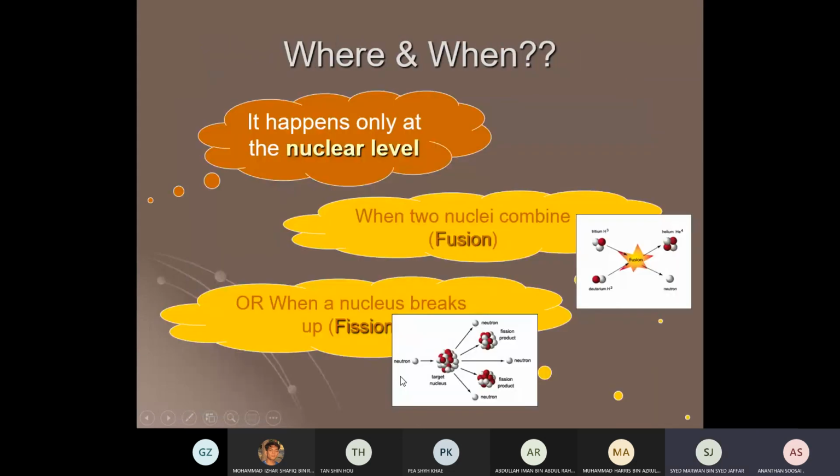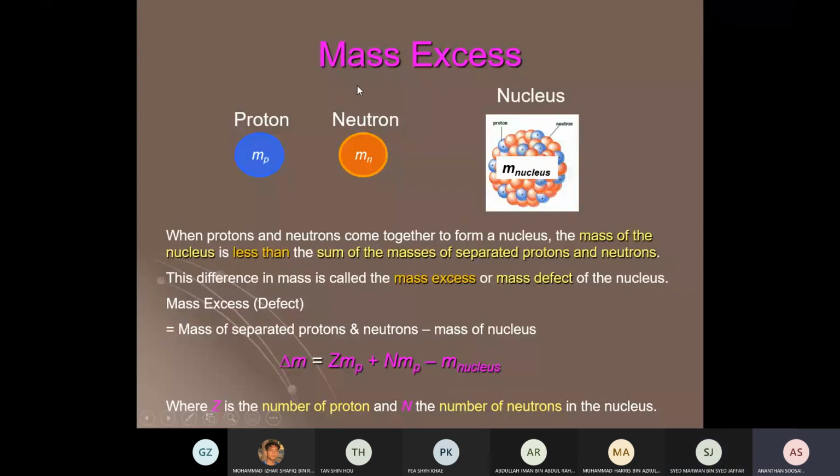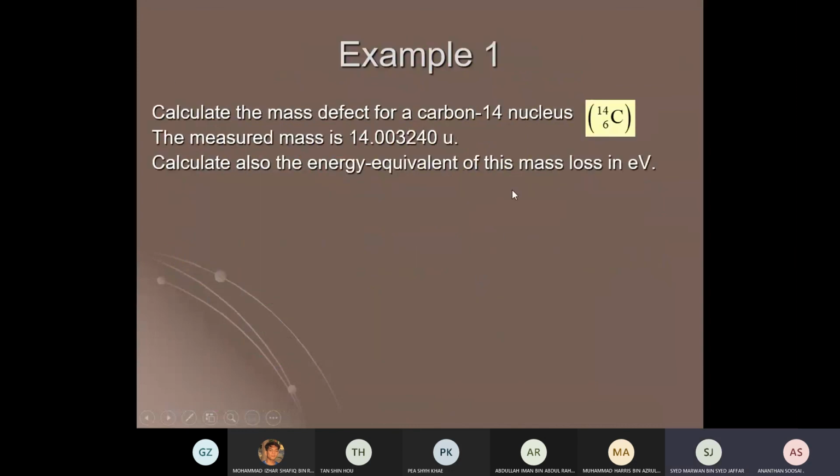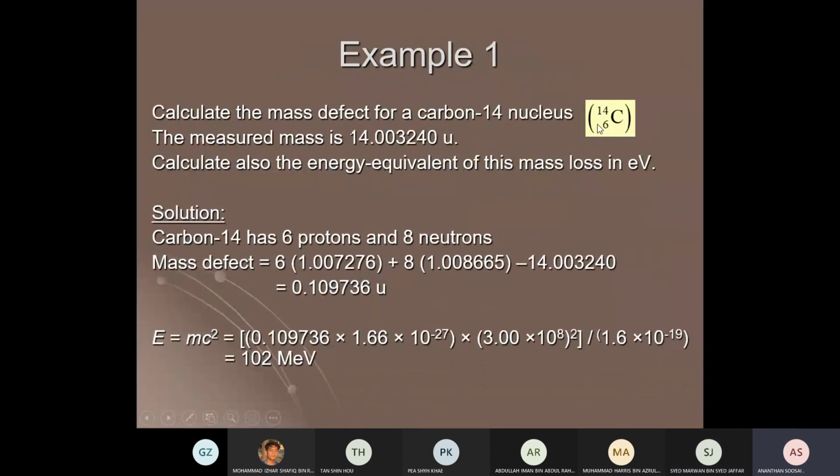Then where it happens in the nuclear stage, we introduced mass defect. Mass defect means when the nucleons form a nucleus, some mass disappears. That's called mass defect. So we learned about atomic mass unit. Then we learned one example of how to find the mass defect of carbon, and how much energy that mass defect equals.